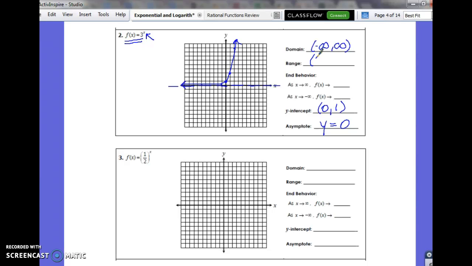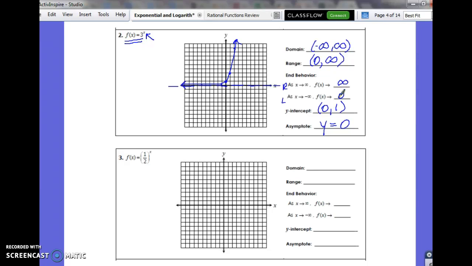Still getting close to 0 on the left side, but it's going up to infinity on the right-hand side. And if you talk about end behavior, the right side is still going up forever, and the left side is still leveling out at 0.